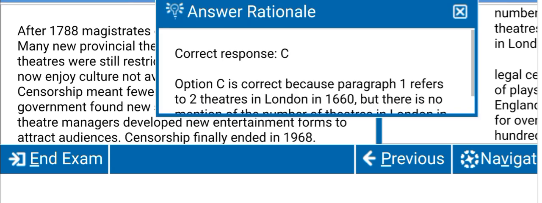Okay, so let's see which one is the correct option.